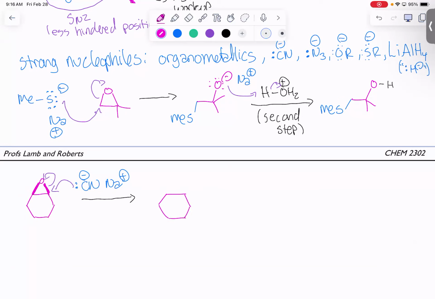Now the stereochemistry of the leaving group is not changing. We still have a minus there, and we bring through our sodium plus counter ion. But we've inverted this stereocenter when we add our cyanide, and this is an SN2 reaction. Inversion of stereochemistry.